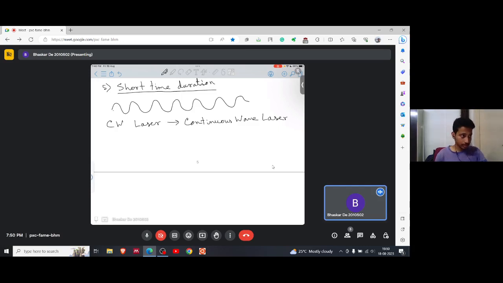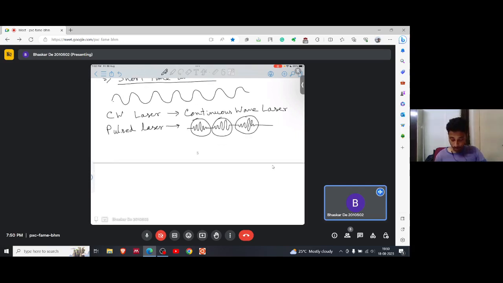And there is another thing, that is the pulse laser, which gives the laser pulse like this. All these should be equivalent, but my drawing is not that good, so it looks different, but these things are actually equal.